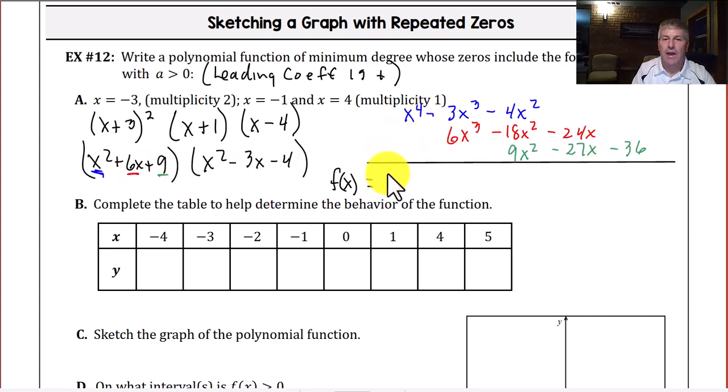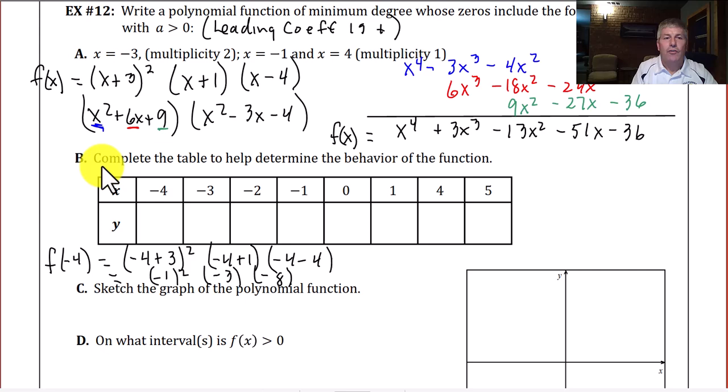And then we just add all those like terms up because we've lined up our like terms. So this is going to be real easy. So we get x to the 4th plus 3x cubed minus 13x squared minus 51x minus 36 is our function.